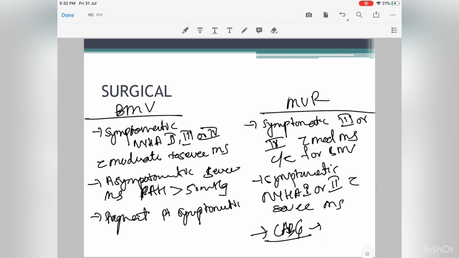So with this, mitral stenosis along with all the details of the murmurs are done.